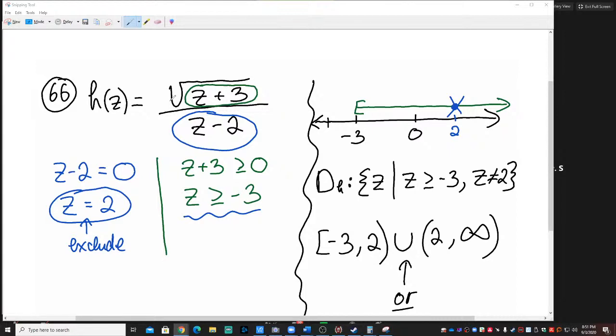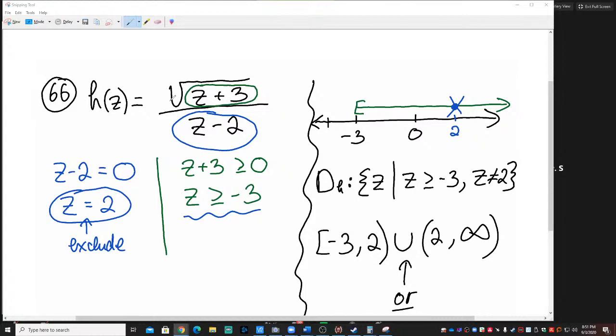So interval notation in general goes from left to right, and brackets imply, so these brackets include, these parentheses imply that we exclude the value that's next to them. And again, the interval notation goes left to right.